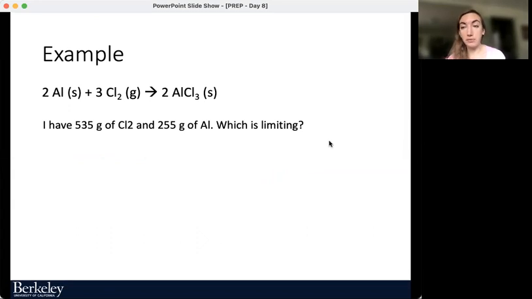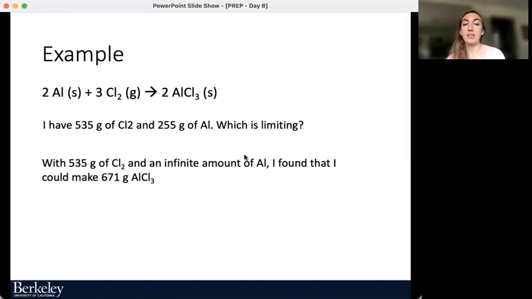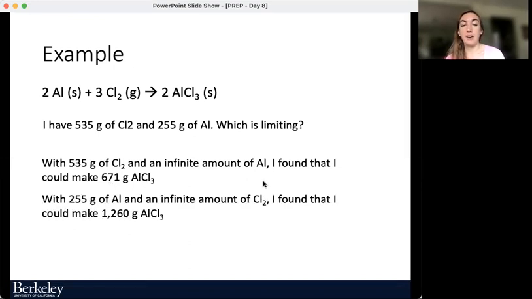So we already figured out that if I had 535 grams of chlorine and an infinite amount of aluminum, so I'm assuming that chlorine was limiting, I found that I could make 671 grams of AlCl3. If I went the other way and I had 255 grams of aluminum and an infinite amount of chlorine, I found that I could make 1,260 grams of AlCl3.